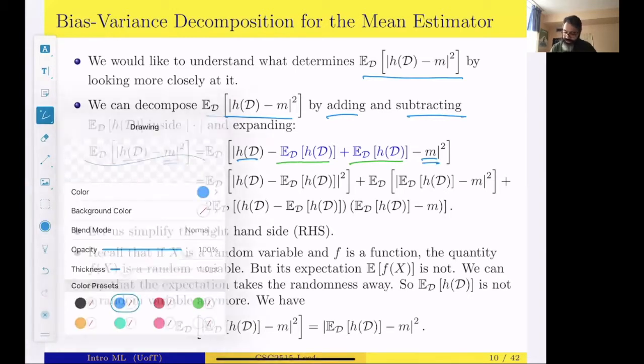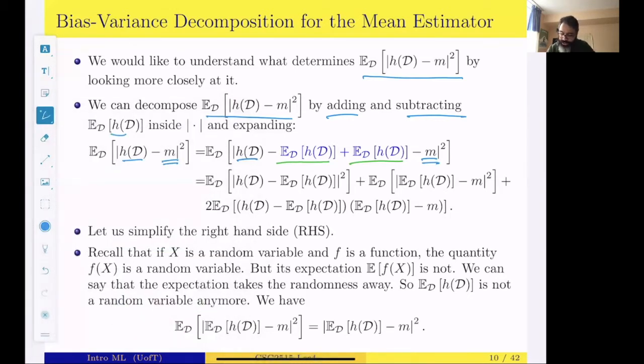This is essentially saying that h of d is an estimate of the mean. Sorry, h of d is not expectation. H of d is an estimate of the mean, m, right? So h of d is the output of our algorithm.